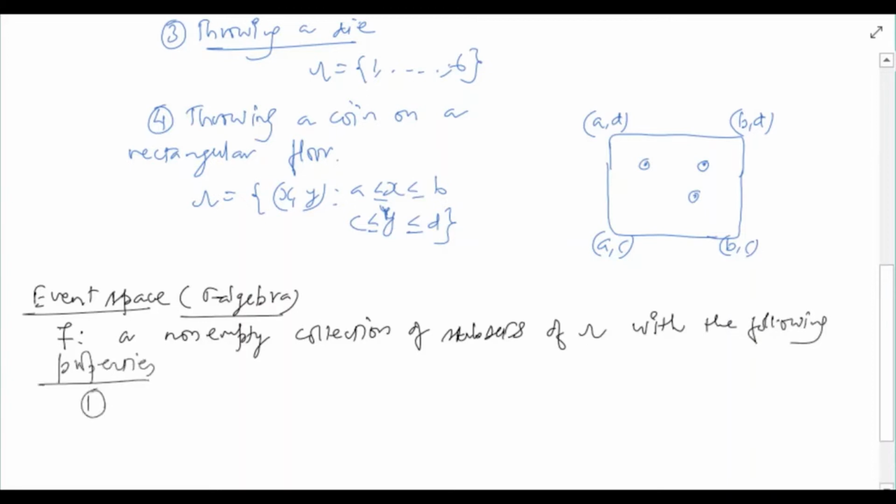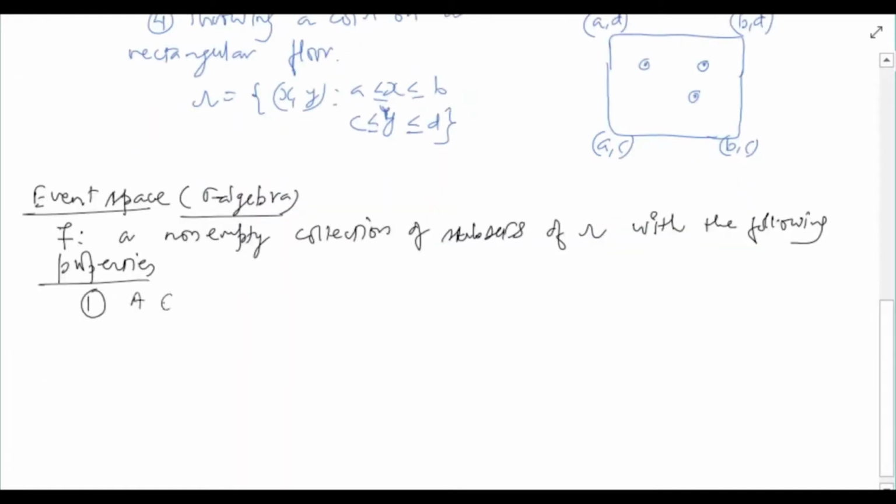First property is, if A belongs to this set, then A complement, that is omega minus A, should also belong to F. This property is called closedness under complementation.